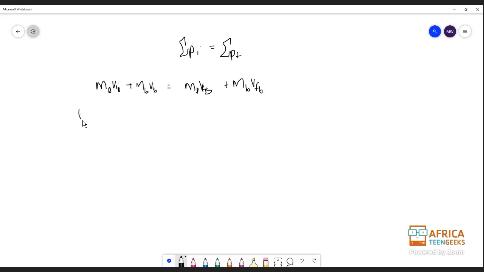So they told us it's a 2 kg block, and originally it was stationary, so it's 2 times 0. They gave us the mass of the bullet to be 0.015 kgs, and it had an initial velocity of 400 meters per second. The mass of your block doesn't change, it stays 2, and then they told us that it moved eastwards at a velocity of 0.7 meters per second.